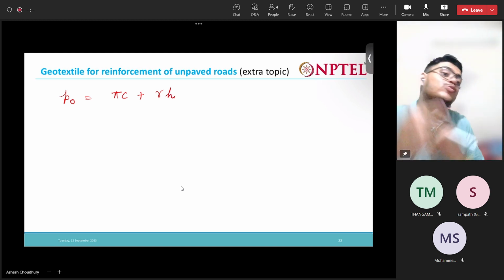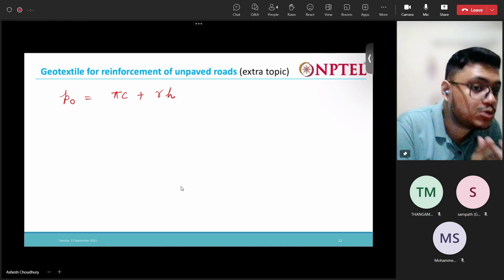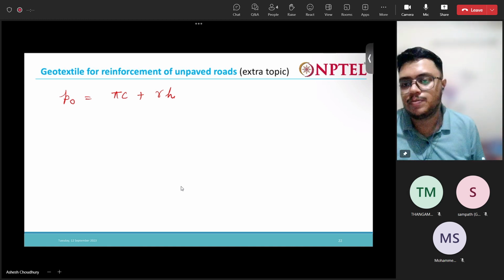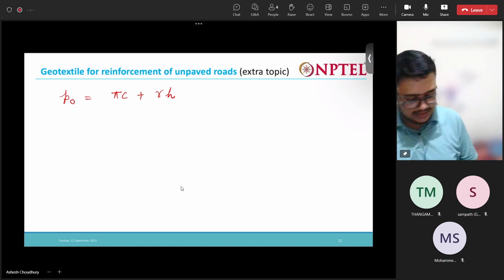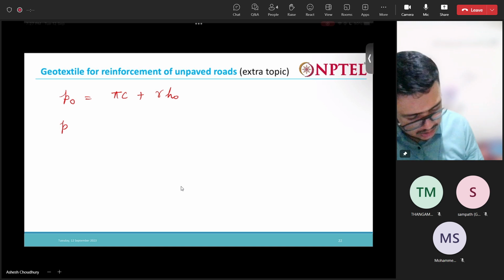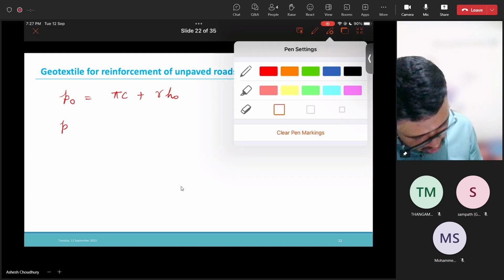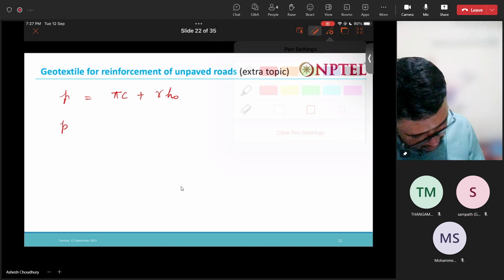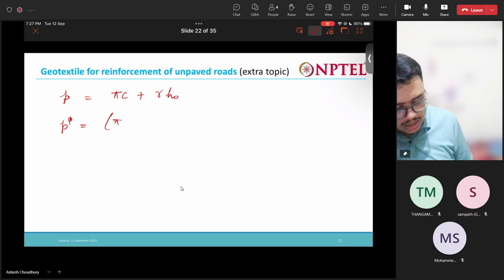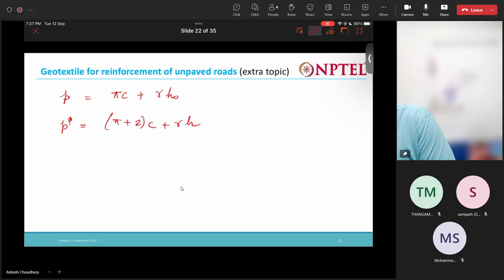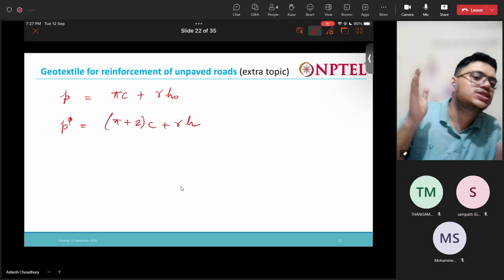But when we are using reinforcement, this limit actually gets increased to pi plus 2c plus gamma. So these are the assumptions that have been made by Giraud and Noy.